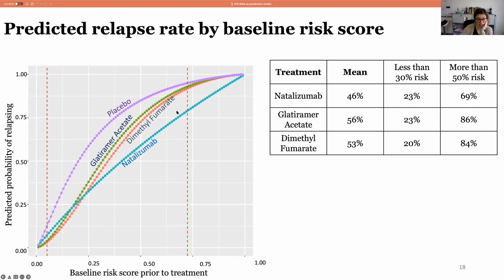Within the two dashed red lines is the range of values for the risk score for which we do have patients. Outside this range, it is about extrapolating.